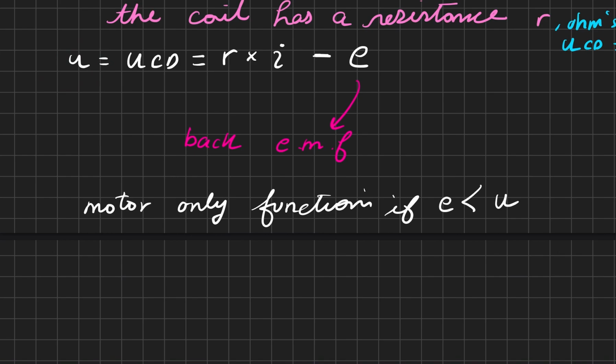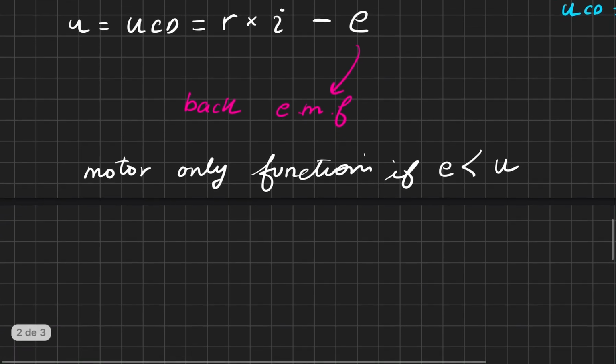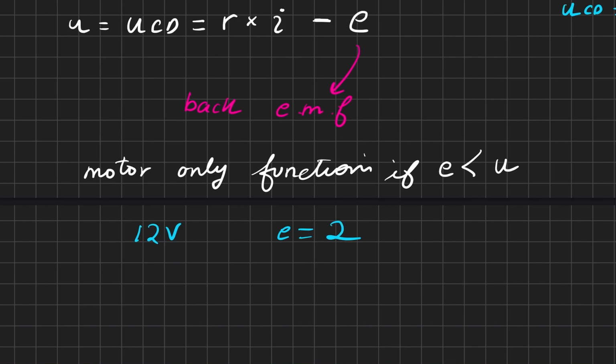Let's say we have a generator generating 12 volts, and the back electromotive force is 2, then U CD would be equal to 12 minus 2, which is 10 volts. That's basically how it works. And this value should always be less than 12, the potential difference of the generator without the back electromotive force.